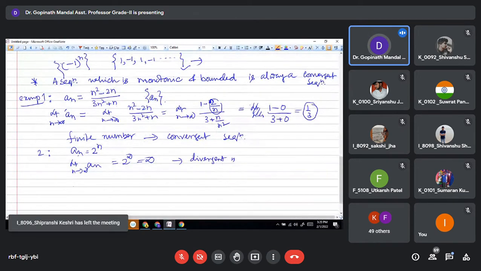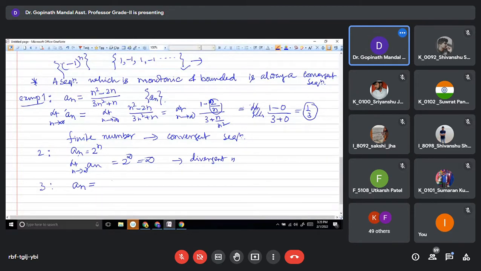Third one is an equals 3 plus (-1)^n. So the limit as n tends to infinity of an will be what?